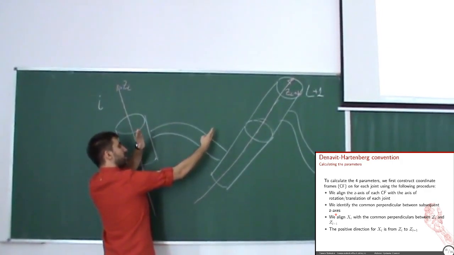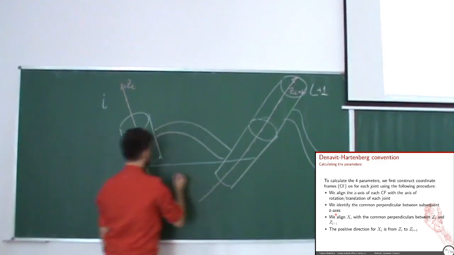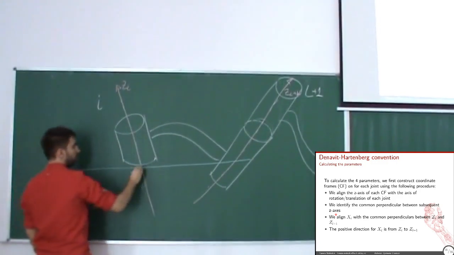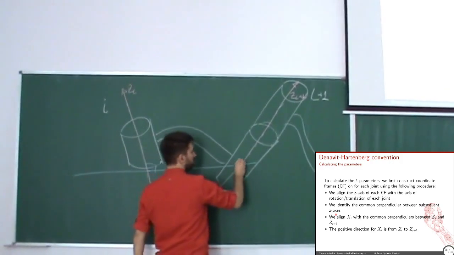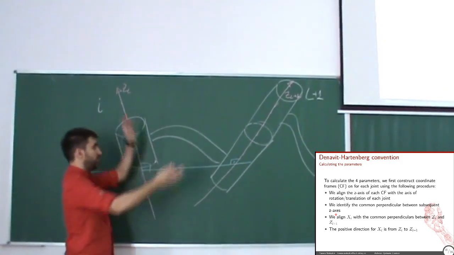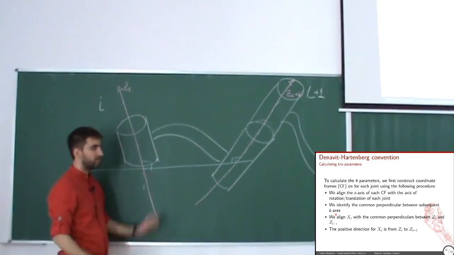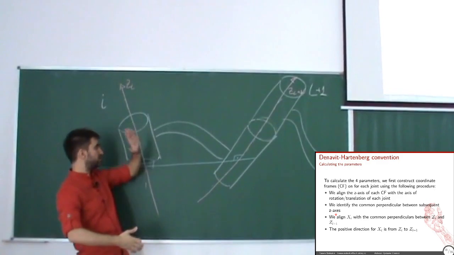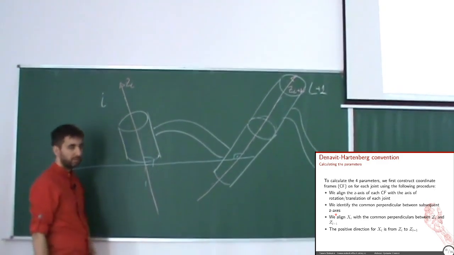But let's say the common perpendicular is something like this, where here it's perpendicular and here it's perpendicular. It doesn't look like that because it's 2D, but imagine that this goes like this somehow and this goes like this, and then the line that is perpendicular to both.